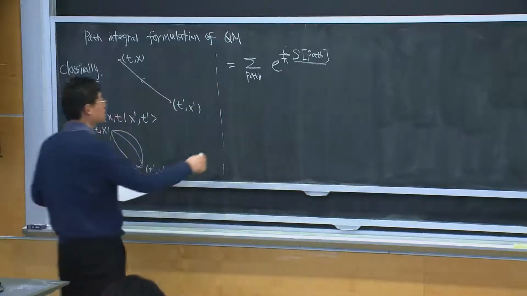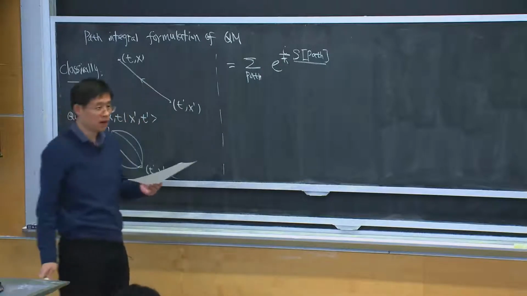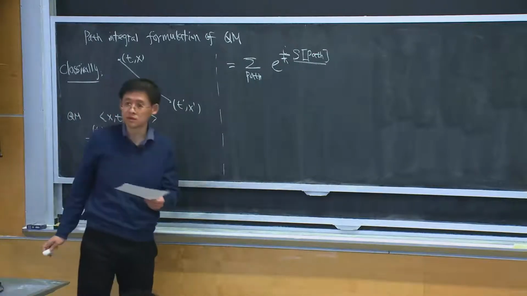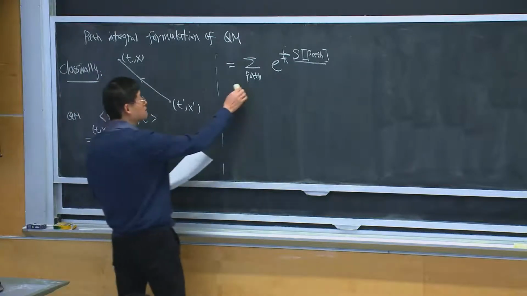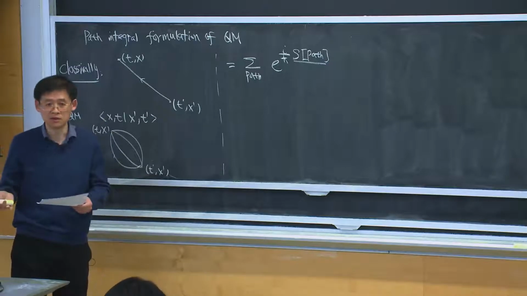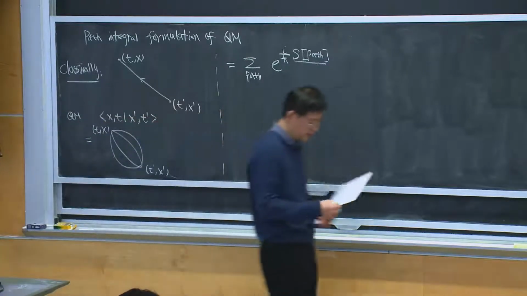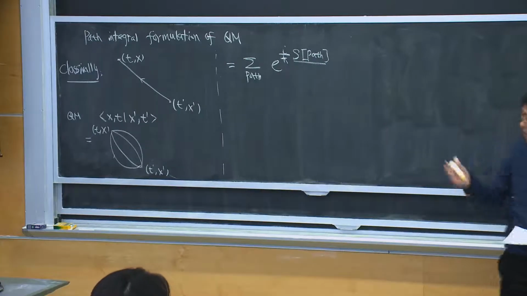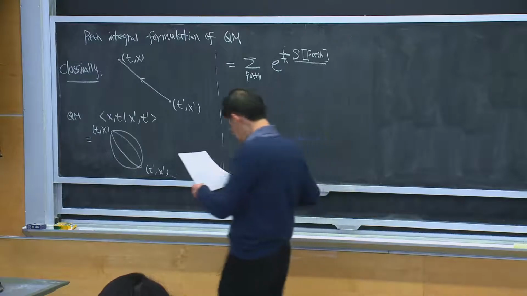Here there is also the explicit h bar, because the action has the unit of h bar. So this would be the quantum mechanical answer. This is a formulation of quantum mechanics using path integrals. And we can write this more explicitly.